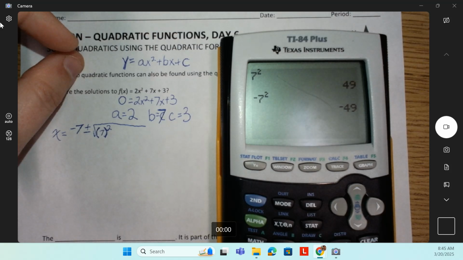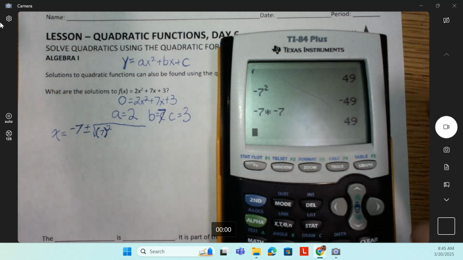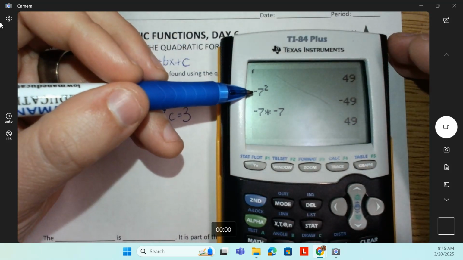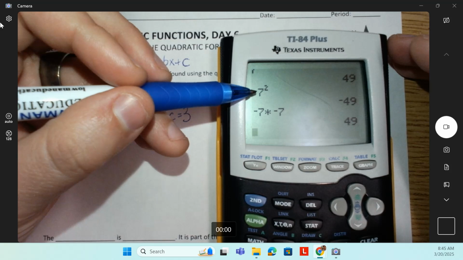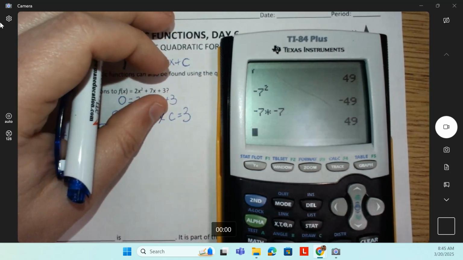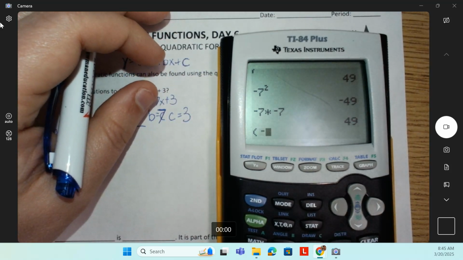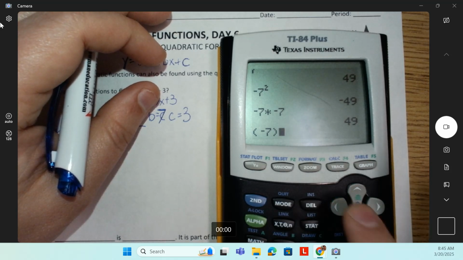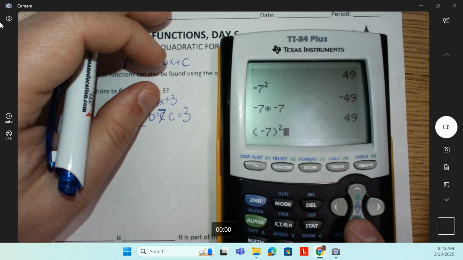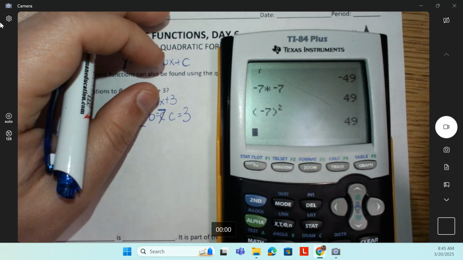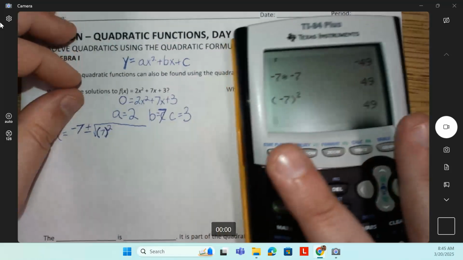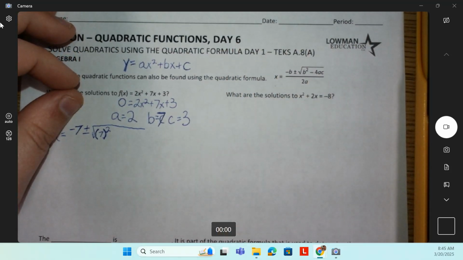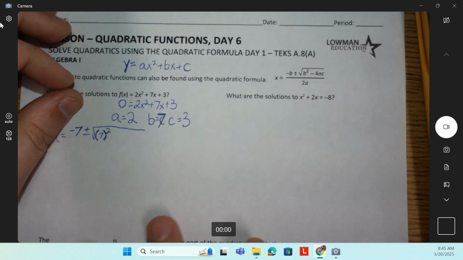The problem is that negative 7 times negative 7, which is what squaring it is, would be positive 49. The calculator doesn't recognize the negative as being part of the 7. The fix is to always put it in parentheses. Then negative 7 squared will give you the right answer. So make sure to put parentheses, that way if you've got to square it using the calculator, it works out for you.